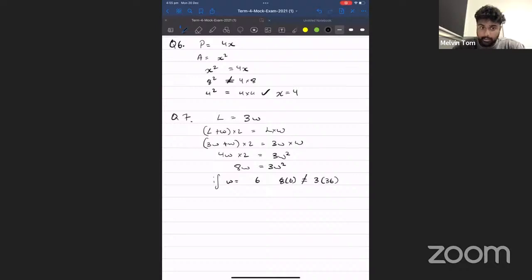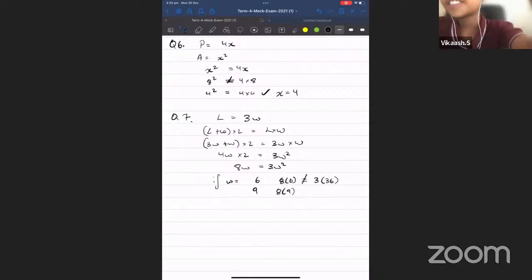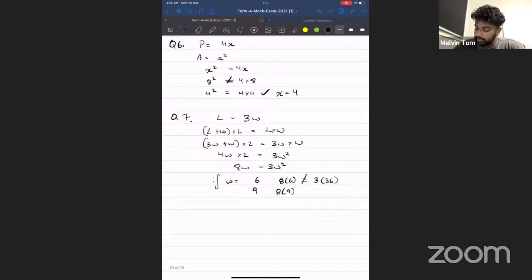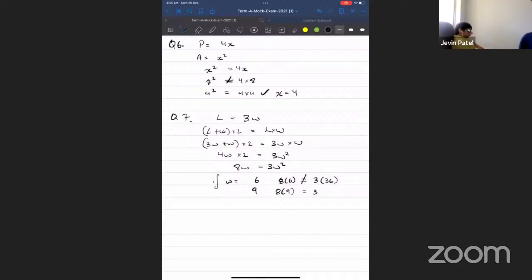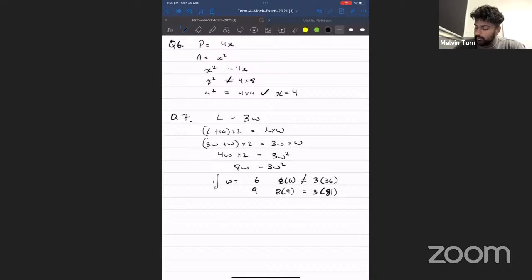No. If it is equal to 9, 8 times 9 is 72. And 9 squared is 81. Is 3 times 81 the same as 8 times 9?